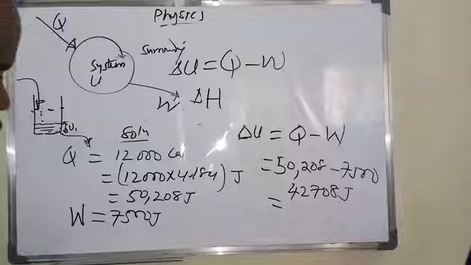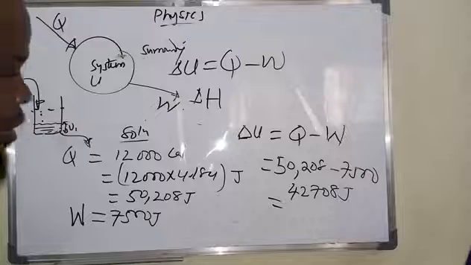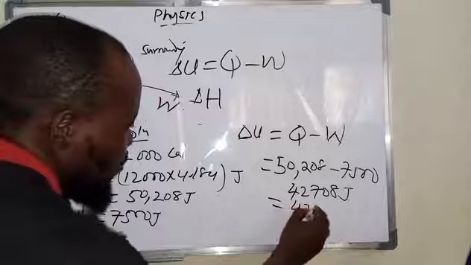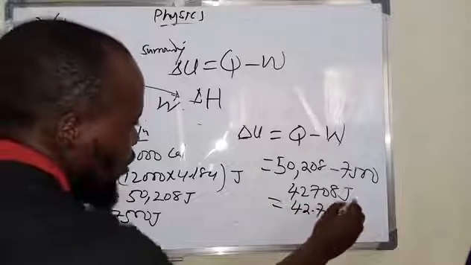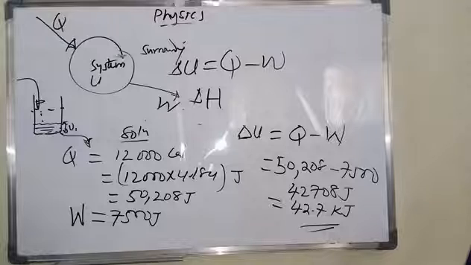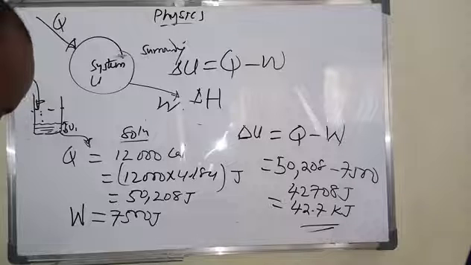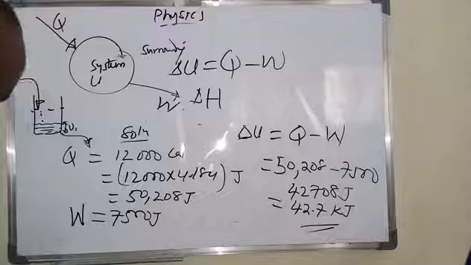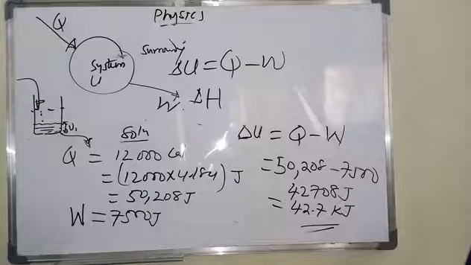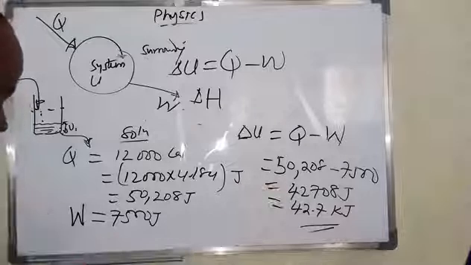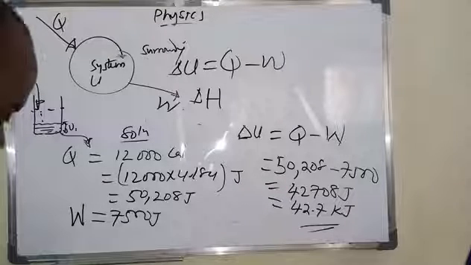It should give you 42.708, which we can simply put as 42.7 kilojoule as the answer. I hope this is clear. So we have 42708 joule. Actually, in the options, they give the answer in joule. They did not convert to kilojoule. So whichever way, that's the answer.